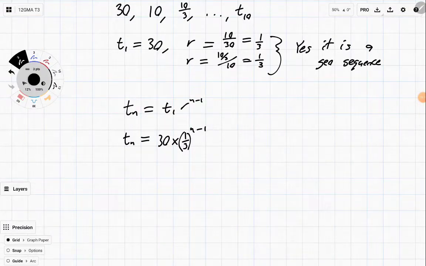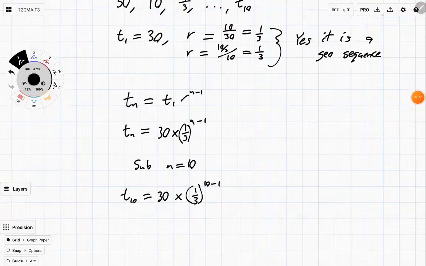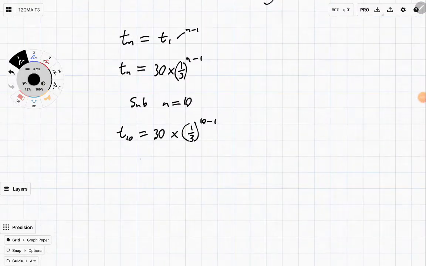But we didn't just want Tn, we wanted T10. So let's sub in n equals 10. We get T10 is equal to 30 times a third to the power of 10 minus 1, and using a calculator. Now, my calculator has just done something, and your calculator might do the same thing, which is it's going to give us the answer in scientific notation.